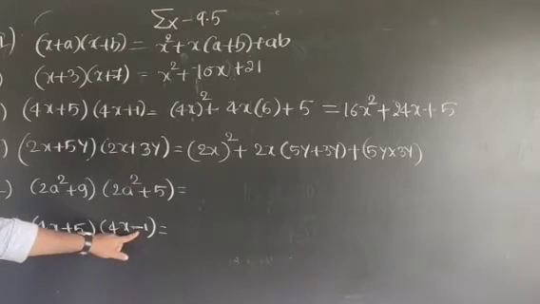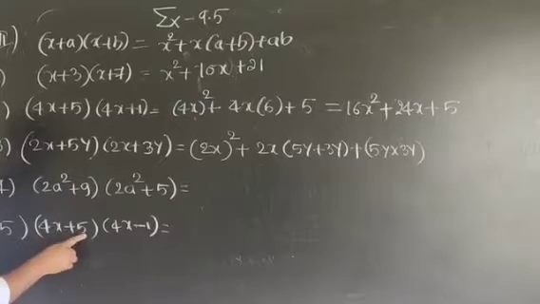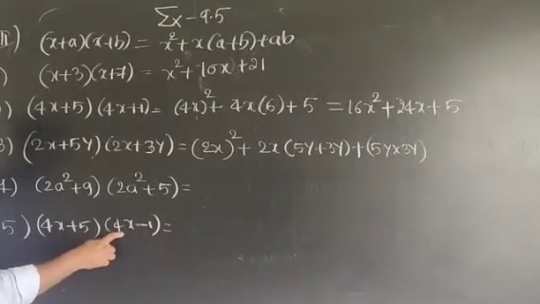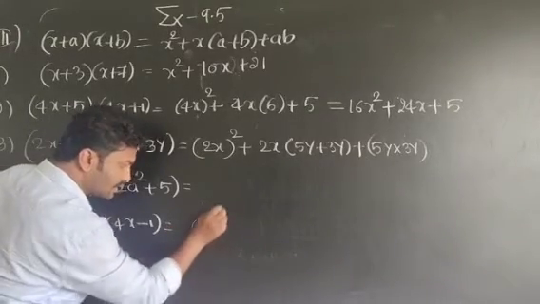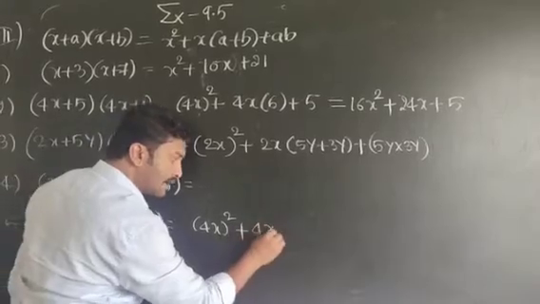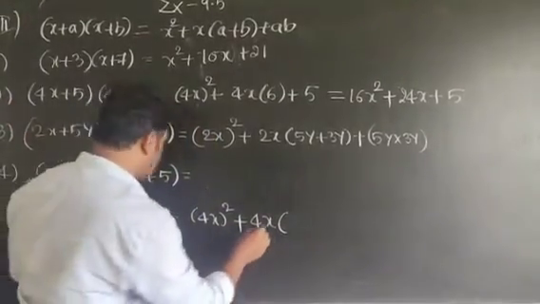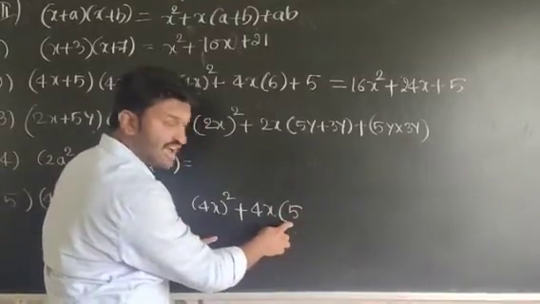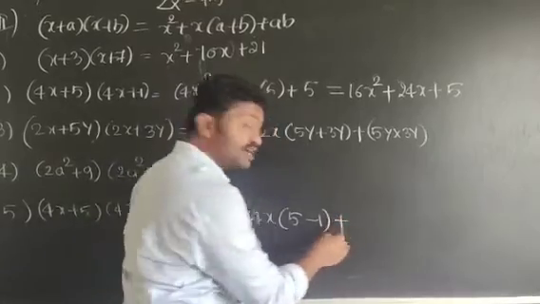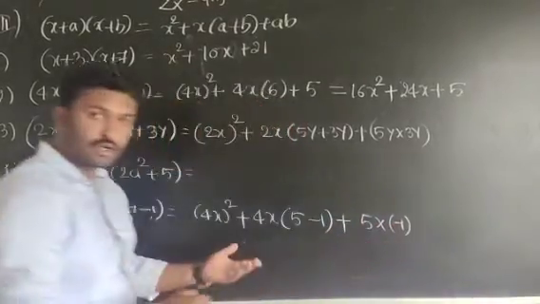Here a minus sign is there for the fifth one. a value is 5, b value is minus 1, and x value is 4x. x square plus x into a plus b, 5 and minus 1, plus a into b, 5 into minus 1, correct?